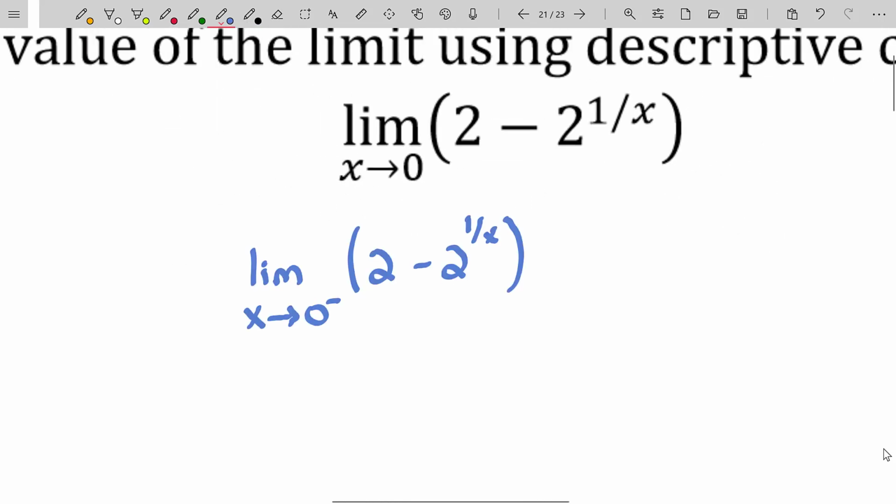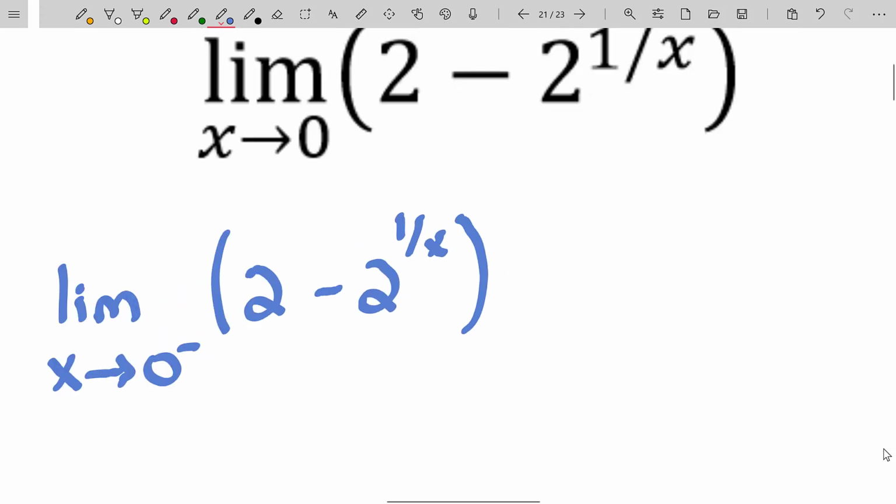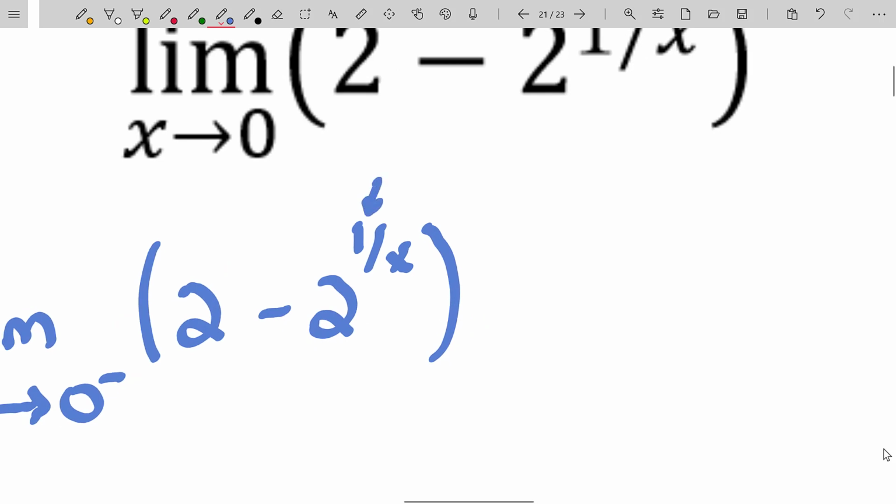Here we have the left-hand limit of 2 minus 2 raised to the 1 over x power as x approaches 0, again, from the left. Well, as x approaches 0, but from the left, we know we have a finite value here divided by 0 or something approaching 0.